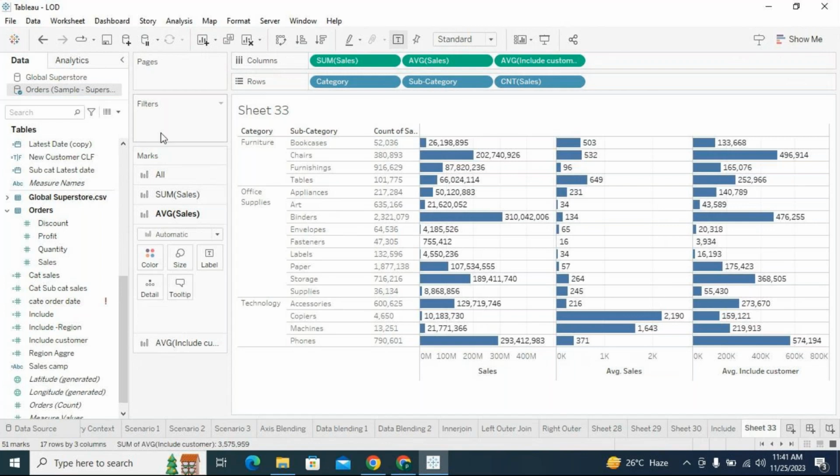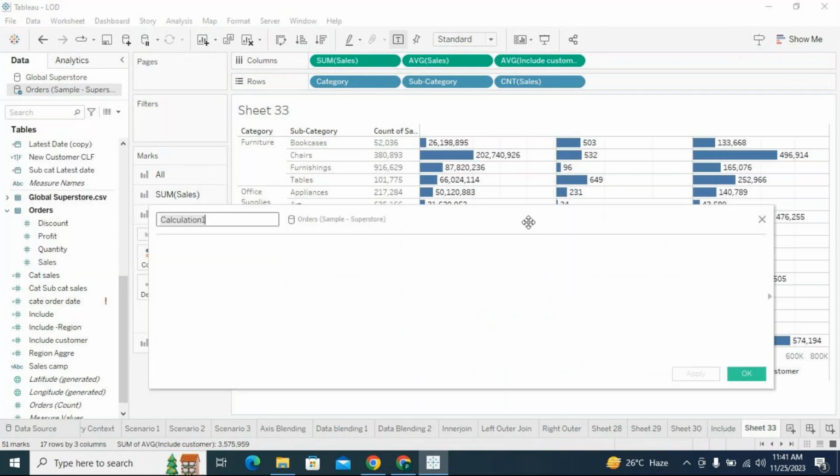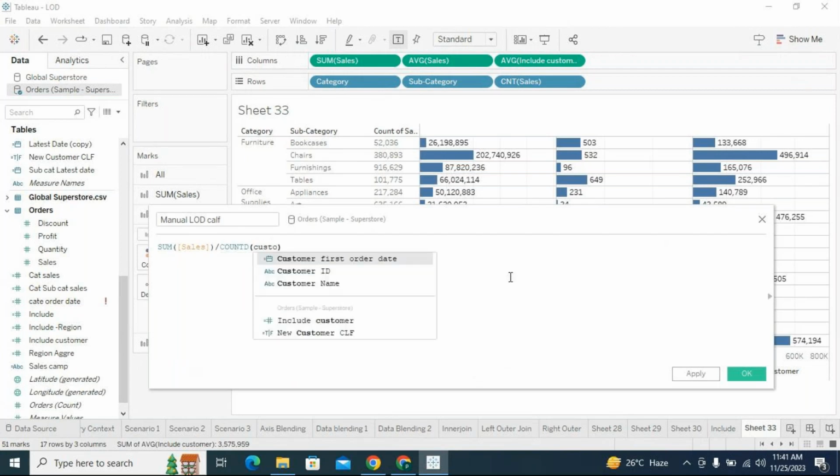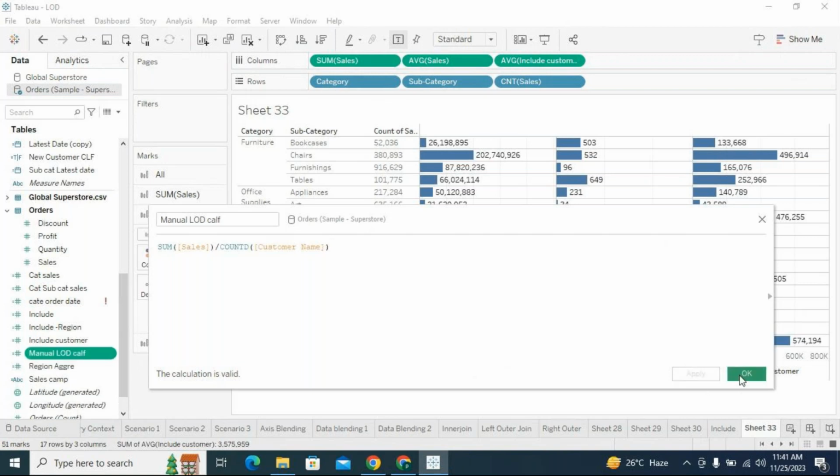We can also achieve this with a manual calculation, for example a manual LOD. What we are trying to identify is sum of sales divided by count distinct of customer name. The calculation is valid. Apply this.